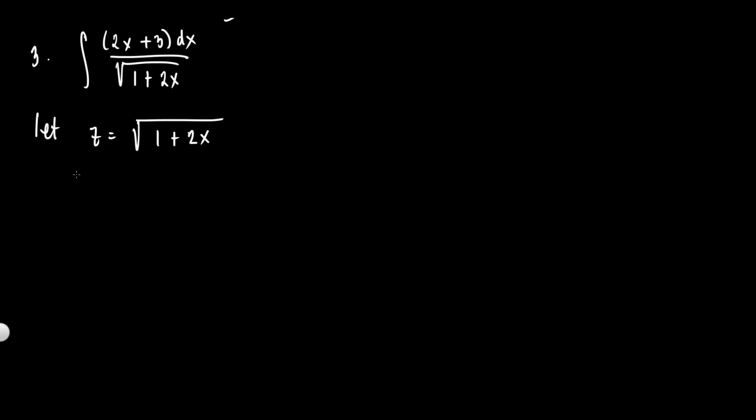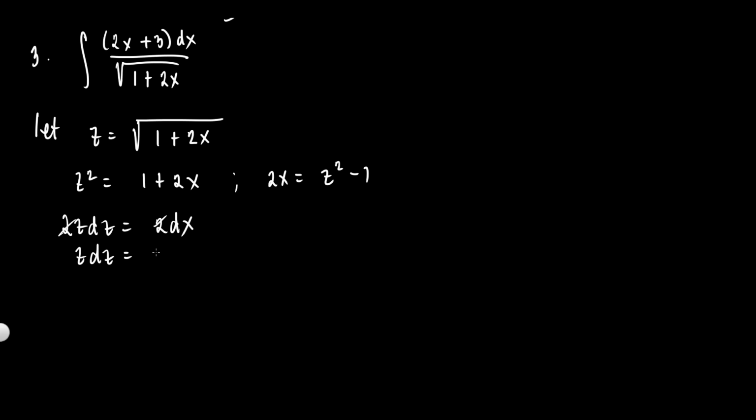Squaring both sides, we have z squared equals 1 plus 2x. Solving for 2x, we have 2x equals z squared minus 1. Differentiating, we have 2z dz equals 2dx. Cancel the 2. So we have z dz equals dx.